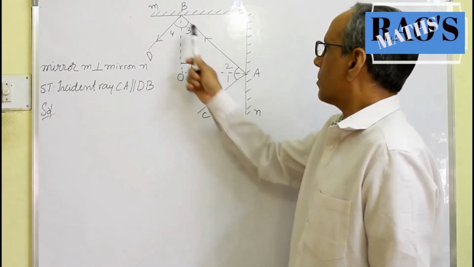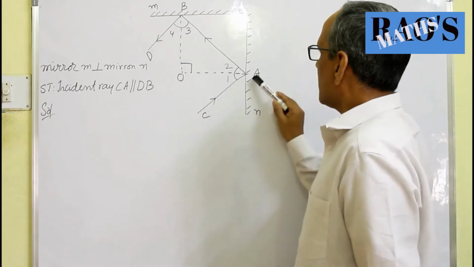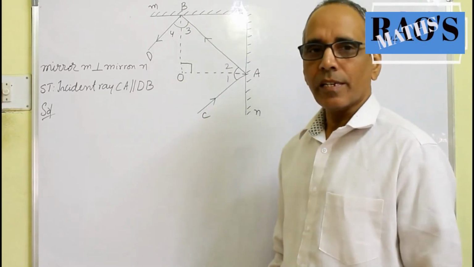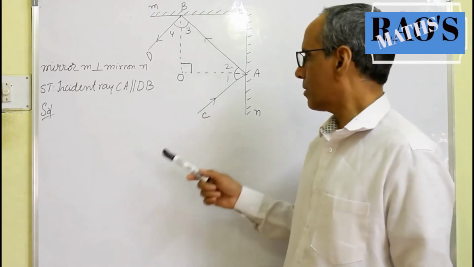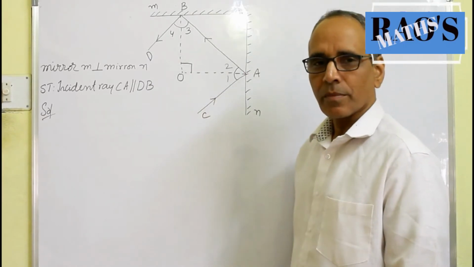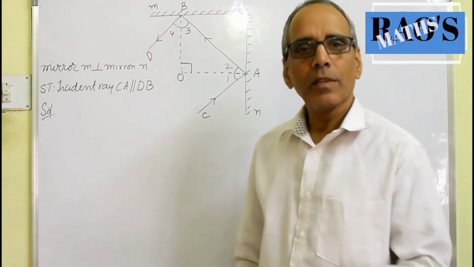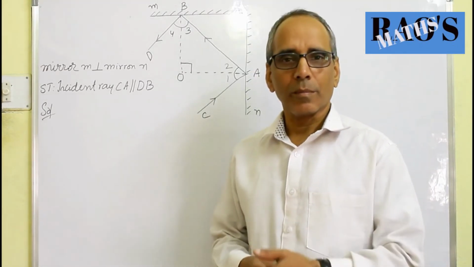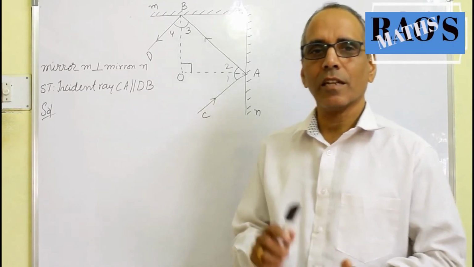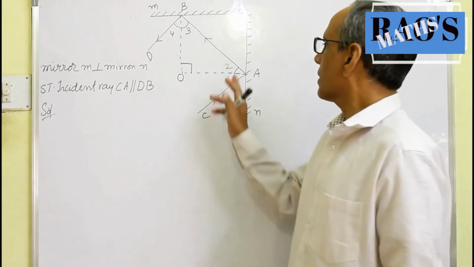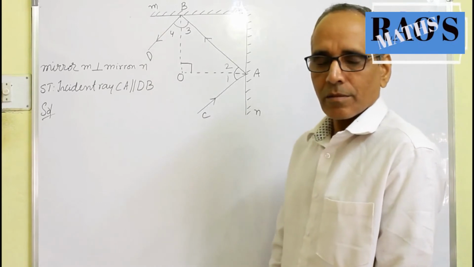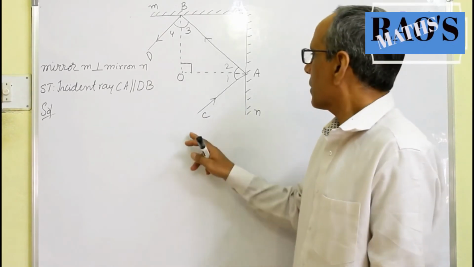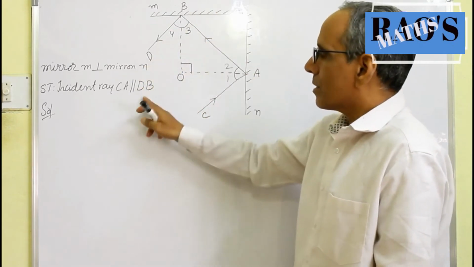If you prove the sum of these two angles, that is CAB and ABD, together is 180, it's enough to say the lines are parallel. If the corresponding angles are equal, lines are parallel. If interior alternate angles are equal, the lines are parallel. There are many reasons to say the lines are parallel. Here we take the co-interior angles being supplementary, equal to 180. Then we say CA is parallel to DB, that is the question here.